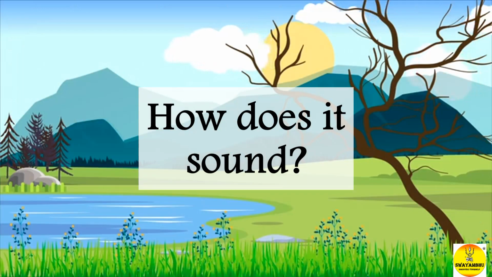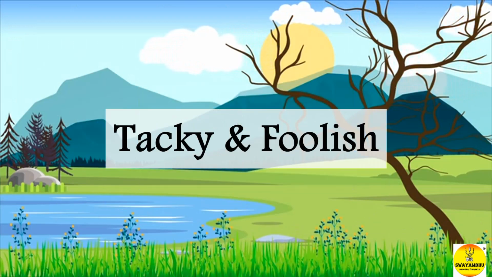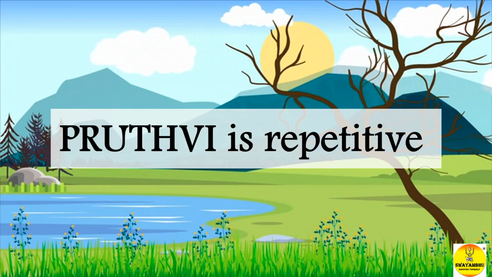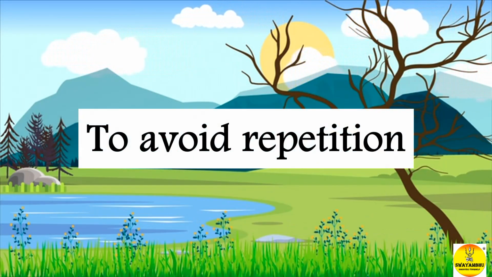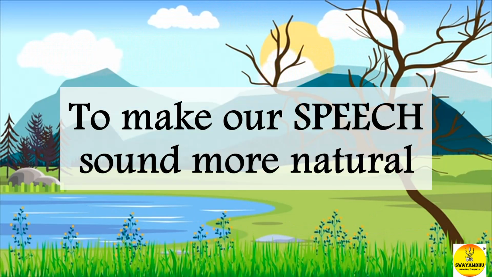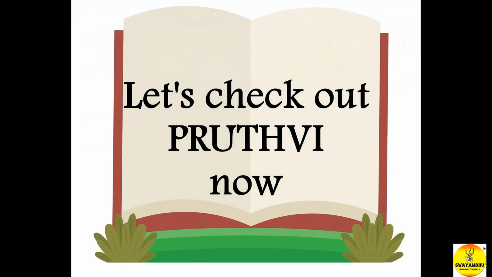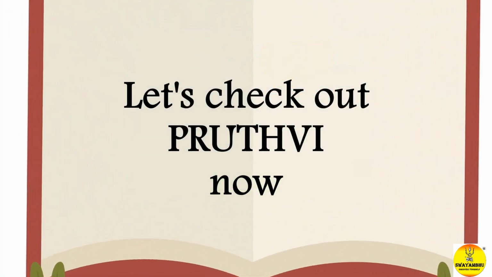How does it sound? So tacky, so foolish. Why? The problem is Prithvi is repetitive. To avoid repetition and make our speech sound more natural, we use pronouns. So let's check out Prithvi now.